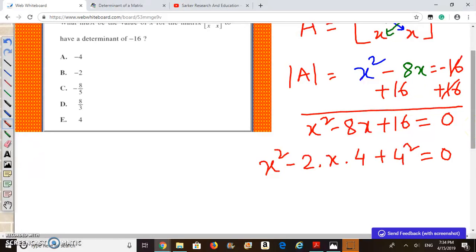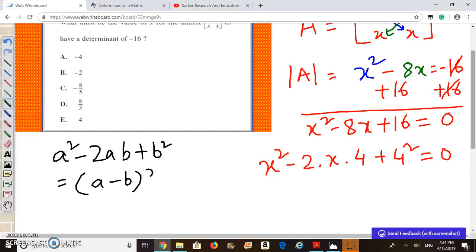Now if you remember that if you have an equation a square minus 2ab plus b square, you can write it in the contracted form as (a minus b) square. So if you multiply a minus b times a minus b, you get a square minus 2ab plus b square. So if this is given, you can write it like this. Let us do the same thing here.